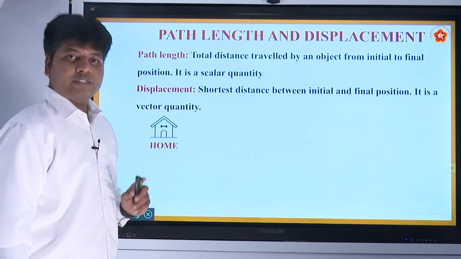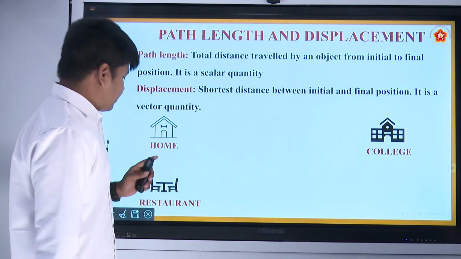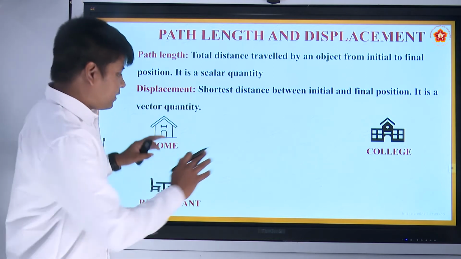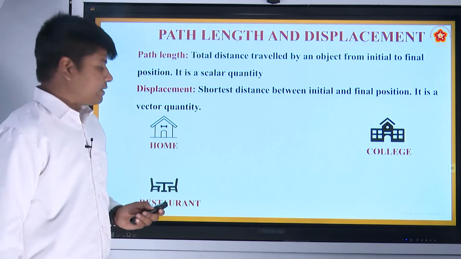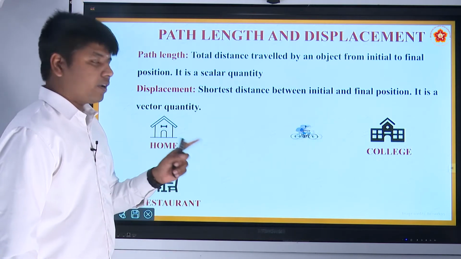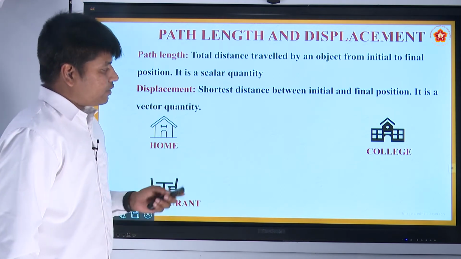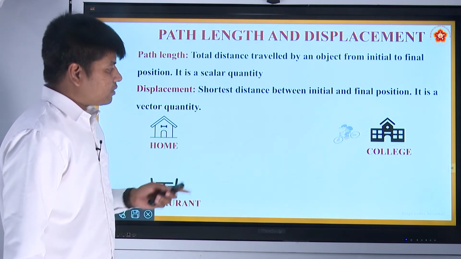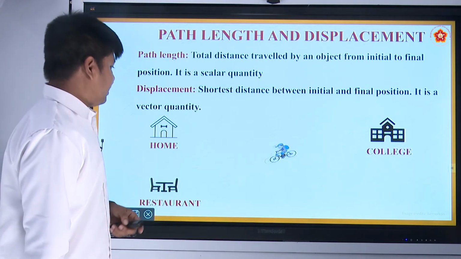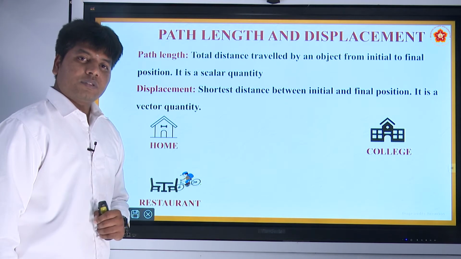This is the initial point. You are starting from home, this is the college, and this is a restaurant. So there are three places. For example, you started from your home, you went to college, you traveled some distance, and then you changed your mind. After college, you started from the college to grab some food, you went to the restaurant.